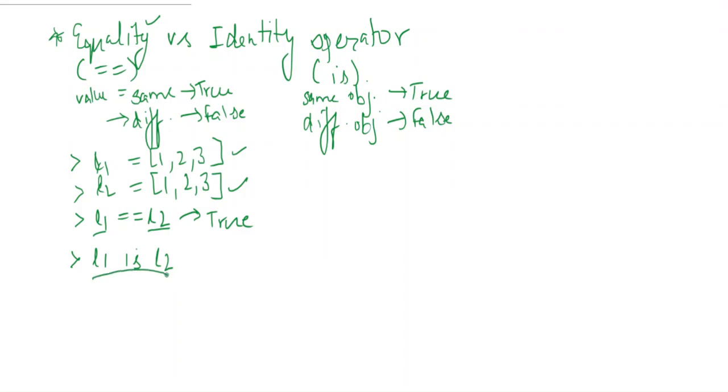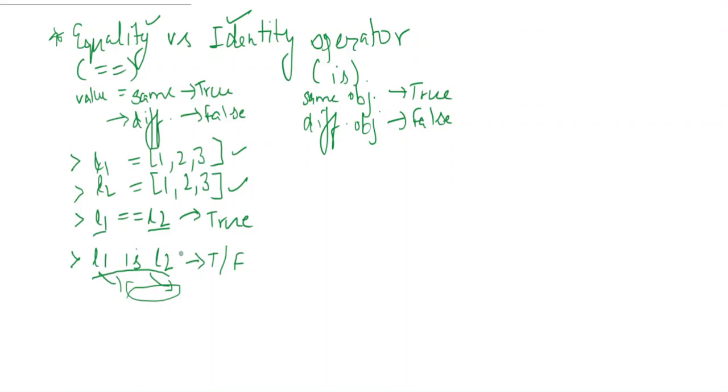But when we are using the identity operator, this is not so straightforward, and we have to figure out whether this will return true or false. Or in other words, whether L1 and L2 are both pointing to the same object, or L1 and L2 are pointing to different objects.